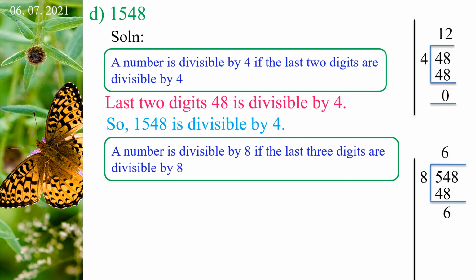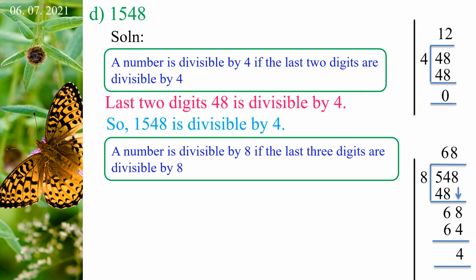So the answer is 6. Next bring down the next digit. So here 68. 8 eights are 64. Next subtract 64 from 68. So the answer is 4. That is, the remainder is 4.